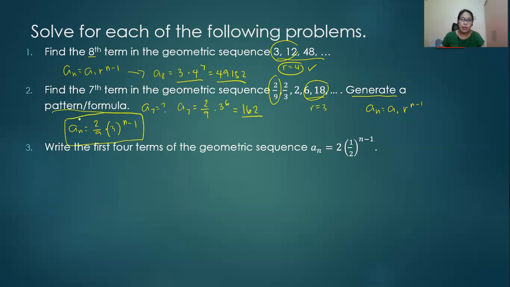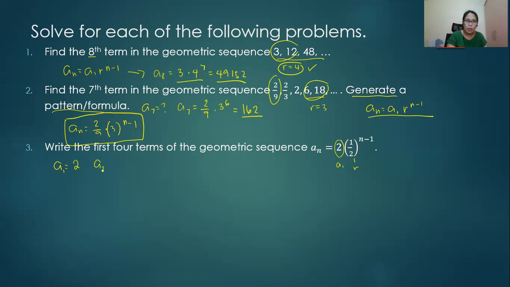So going back to number 3, for the first four terms, we just have to solve for a sub 1 by substituting the given in this formula. We know that the first term here is 2, and this is the common ratio. So a sub 1 is equal to 2 by inspection.